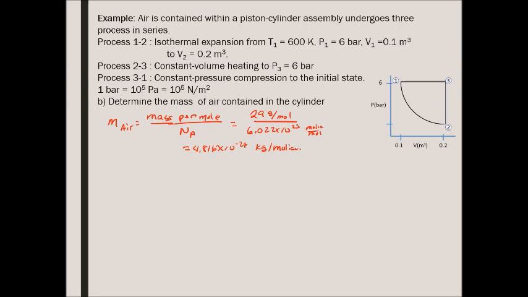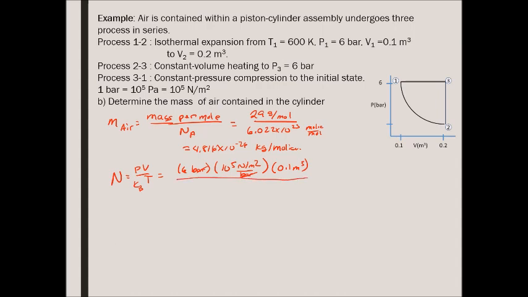Now we're going to look at the ideal gas law. N is equal to PV over our Boltzmann constant times T. Again, this is the number of things, not moles. So we have our 6 bar times 10 to the 5th newtons per meter squared per bar again, to get those to cancel out, and times our volume, 0.1 meters cubed.